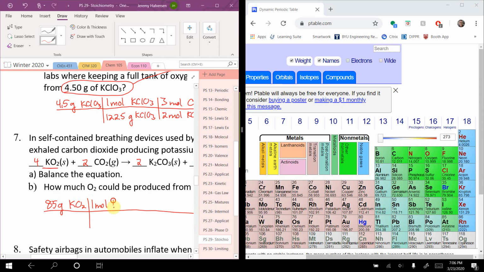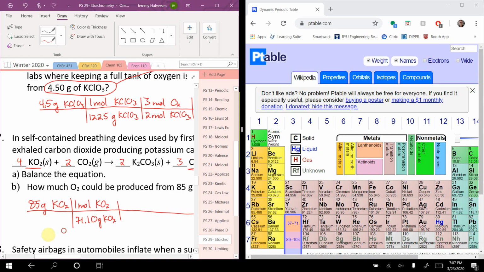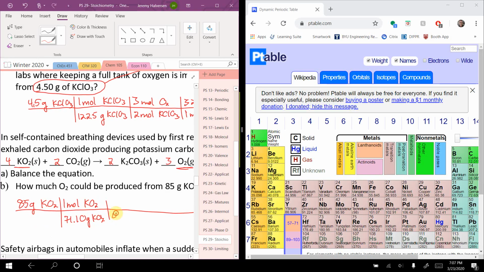1 mole of KO2 is 71.10 grams. Now I'm in moles of KO2, and the balanced reaction tells me that 4 moles of KO2 makes 3 moles of O2.